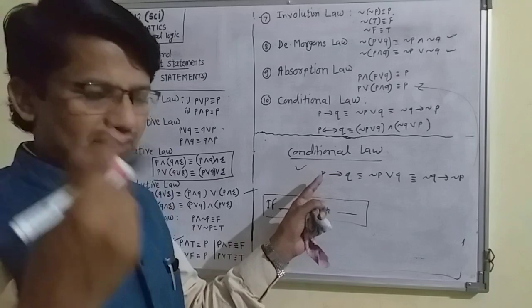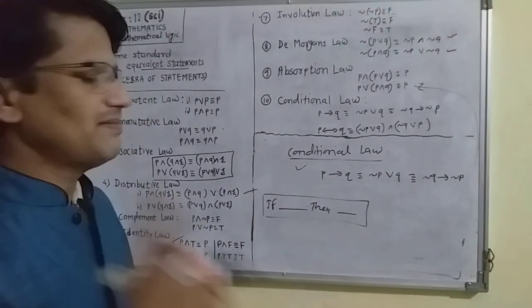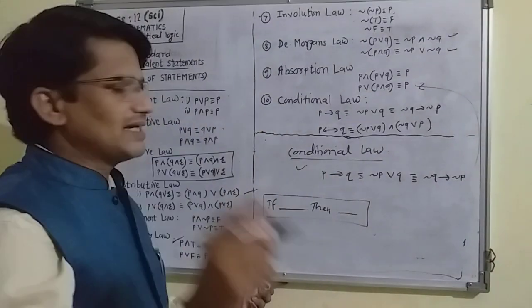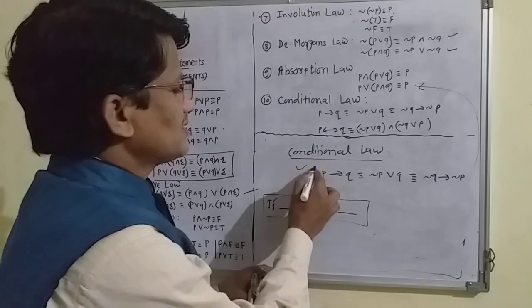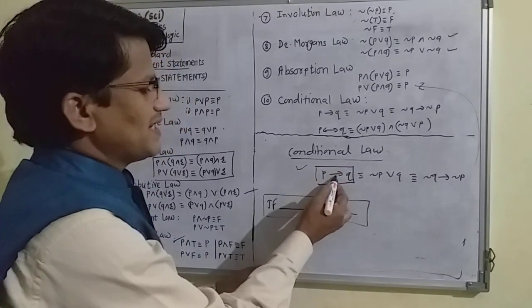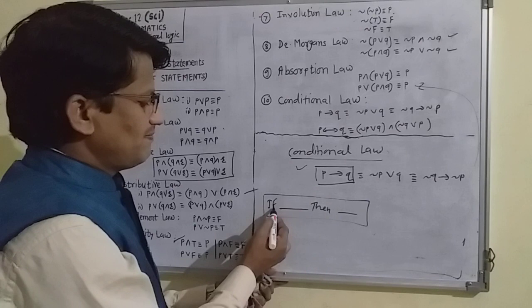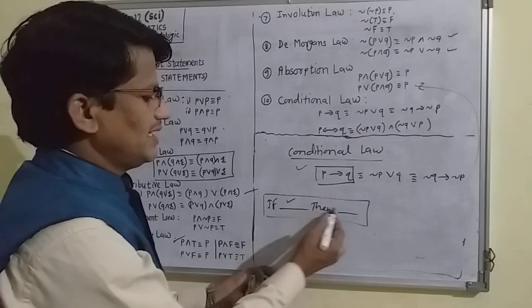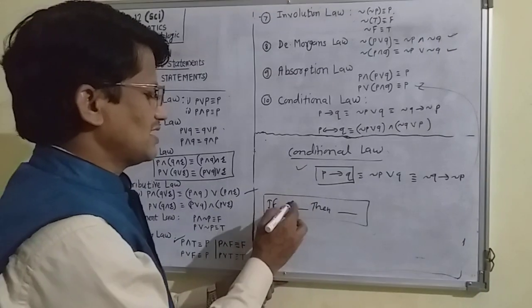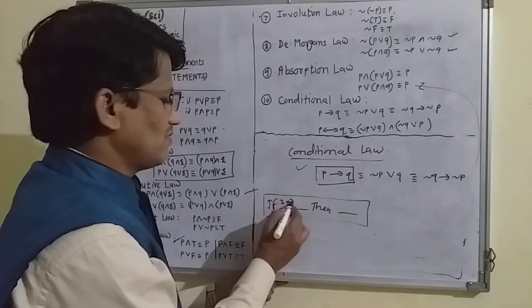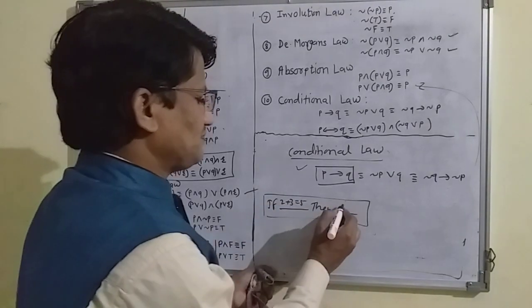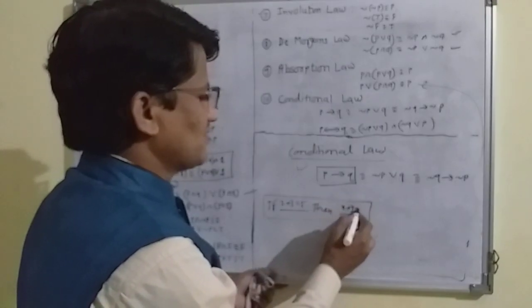JEE and multiple choice questions may be asked on this type of concept. See only this part, implies: if any statement, then any statement. Suppose this is a statement: if 2 plus 2 equal to 5, then x plus y equal to 0.